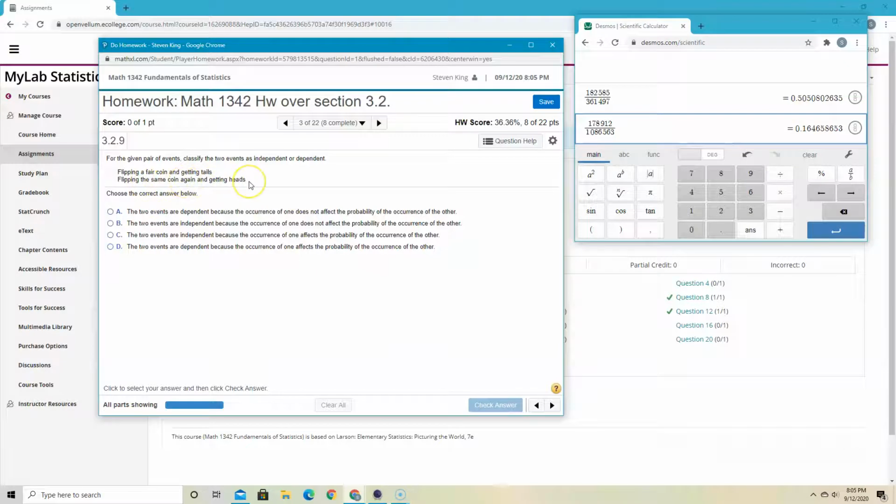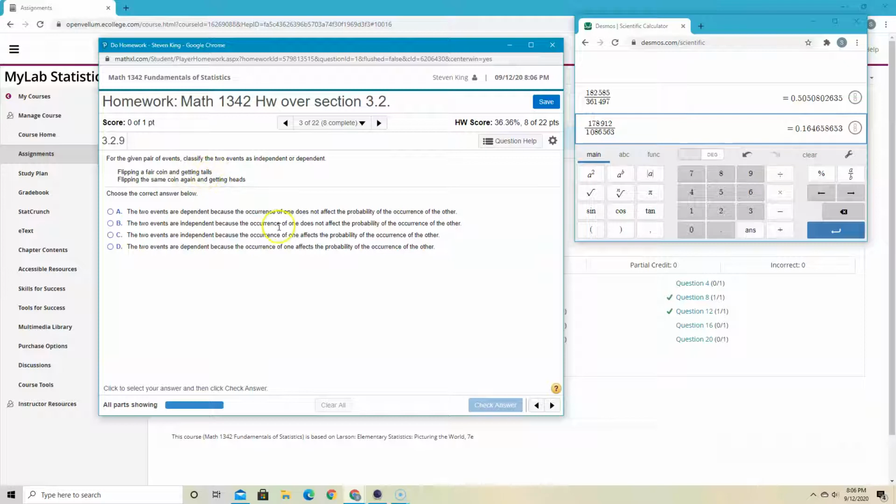The chance of getting a heads on the second toss is still 50%, regardless of what happened on the first toss. So this probability of the coin becoming a heads is 1/2 or 50% chance, and it's not influenced at all by what happened on the first toss.